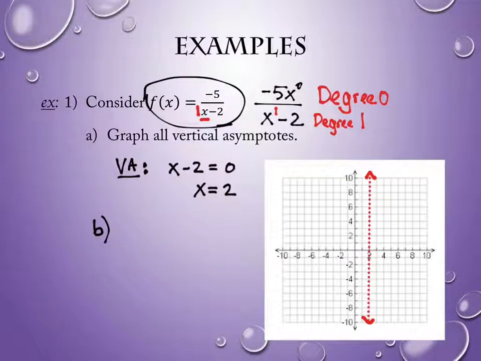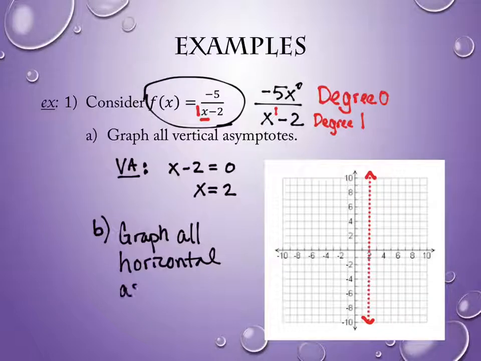On part B of the same example we were working with before, what I want to do is graph all horizontal asymptotes. Okay, same problem. We already talked about which case we were in.